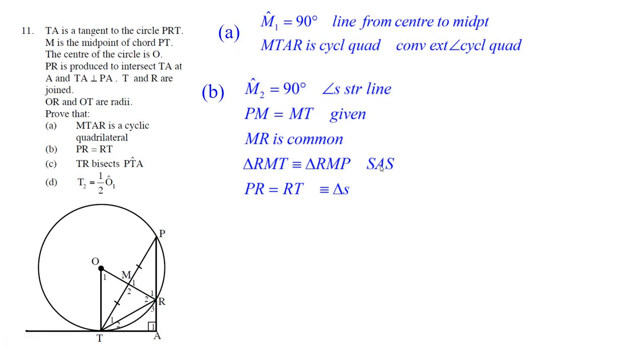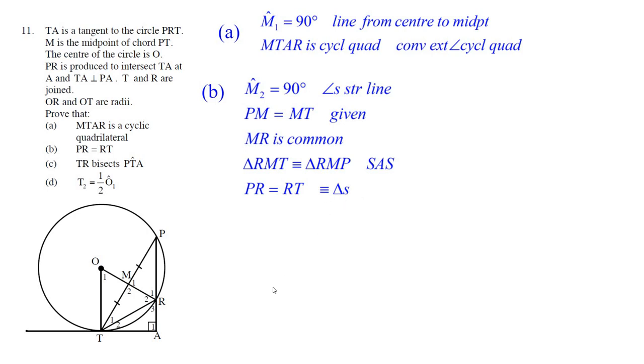Oh, it looks like I'm using side angle side to show that PR equals RT. PR has to equal RT because this side is given, this angle is given, and this side is common. These two triangles are congruent. They're the same in every way, which makes PR equal RT because they're congruent triangles.